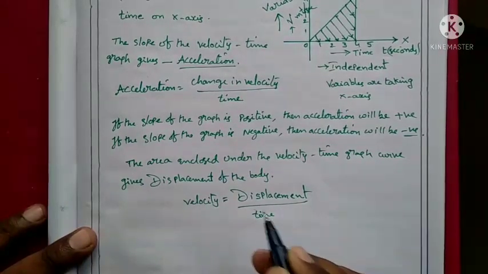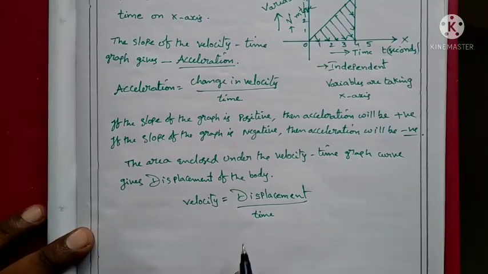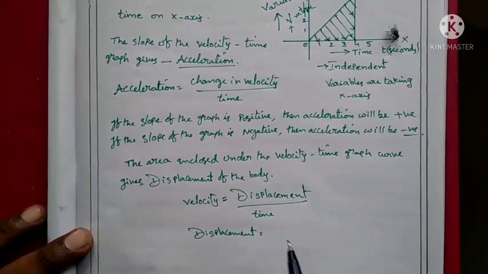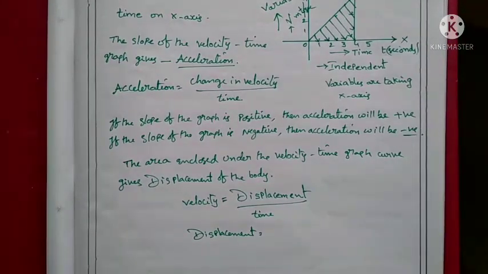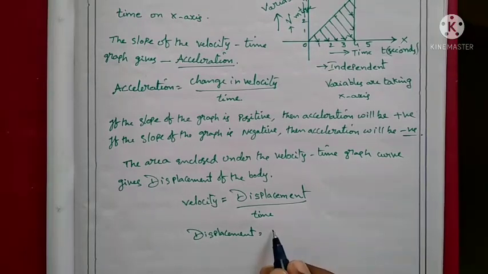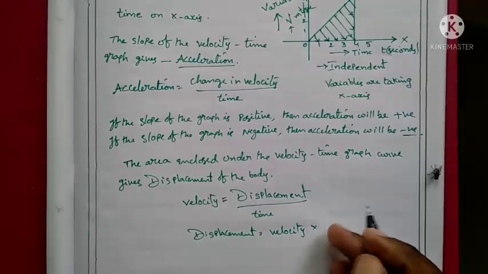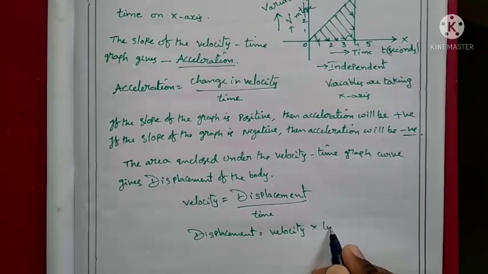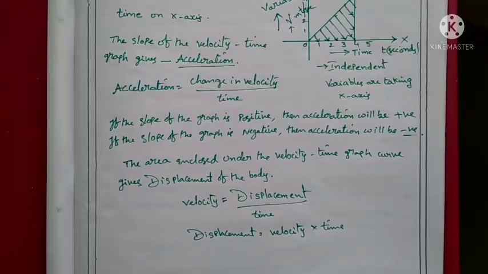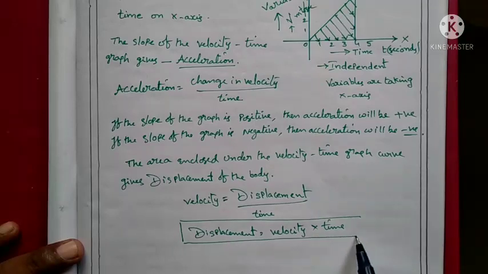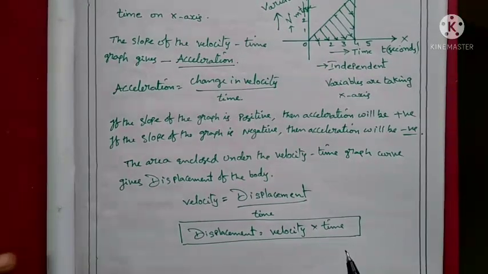From this expression, we can calculate displacement: displacement is equal to velocity into time, the multiplication of velocity and time.